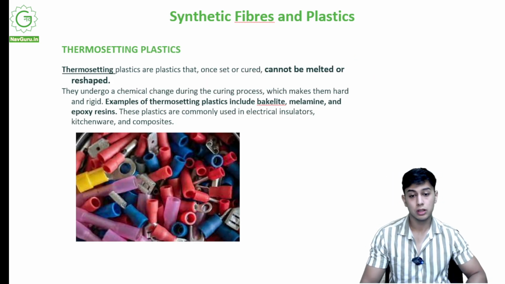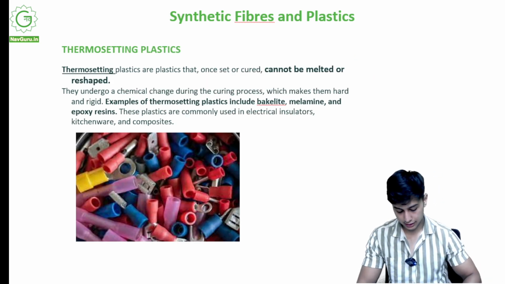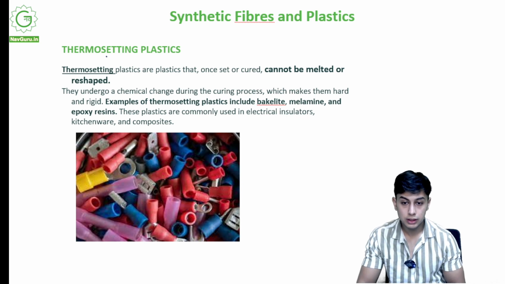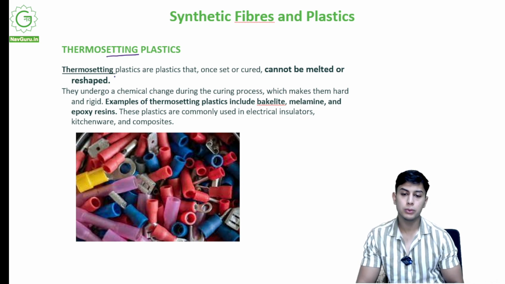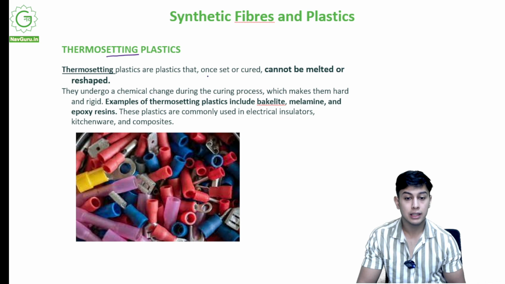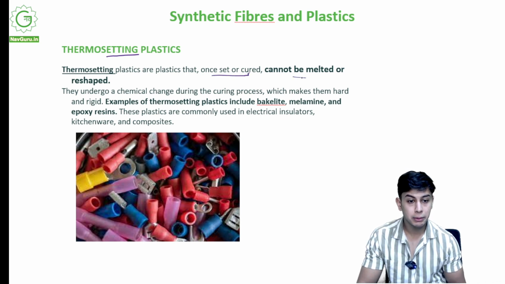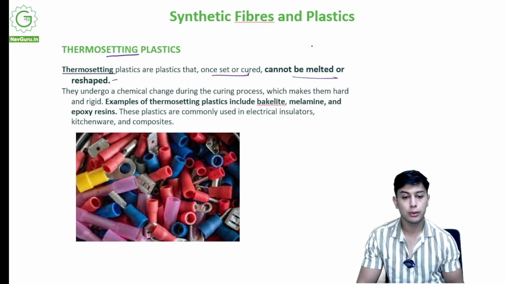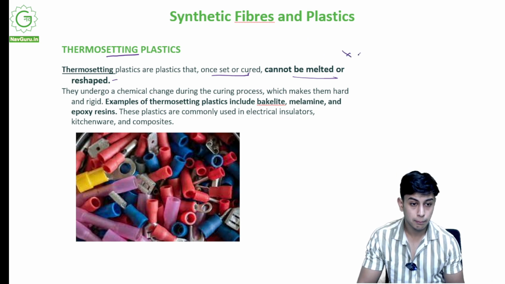Now I come to thermosetting plastics. What are thermosetting plastics? Thermosetting plastics are plastics that once set or cured cannot be melted or reshaped. I cannot melt it, I cannot reshape it.